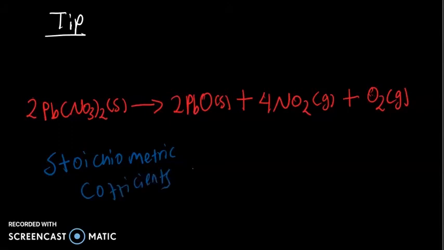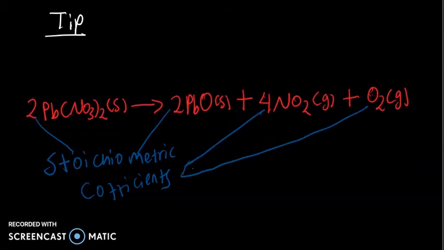They tell us the molar ratios of the reactants and the products in a balanced equation. I'll be talking about molar ratios in another video, but for now let's know that these are called stoichiometric coefficients.